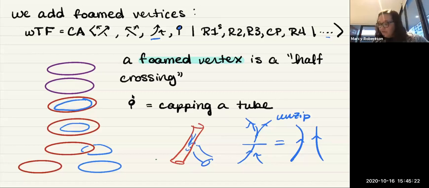This unzip lives there. It's not so much a part of the algebra as an additional operation, which is, as far as I can tell, entirely topological in origin. This makes no sense as an algebraist at all. So it literally has to come from the fact that these are topological objects, as far as I can tell.